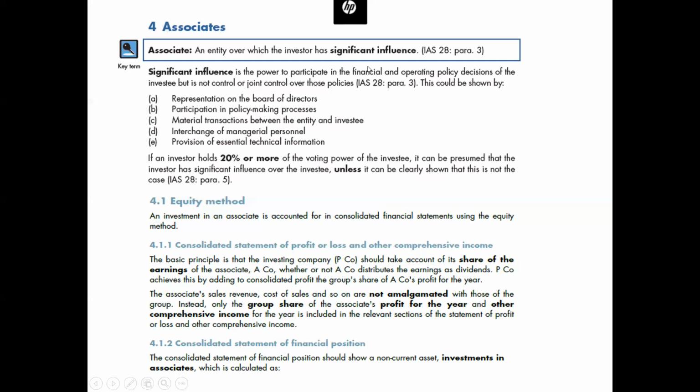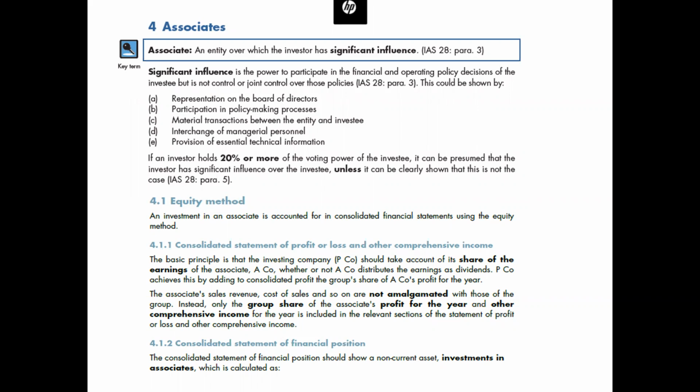Again, there's a definition of significant influence. Significant influence tells me I have the power to participate in the financial and operating decisions of the investee. It is not control or joint control over their policies. Remember, the other one says I have the power to direct financial and operating policies, and based on that, I have a right to a variable return, and because of my involvement, I can affect that variable return.